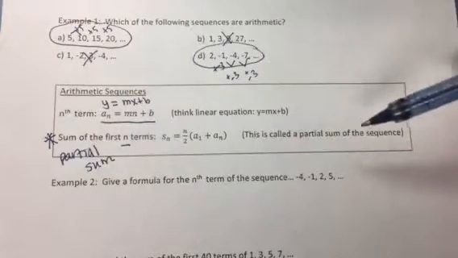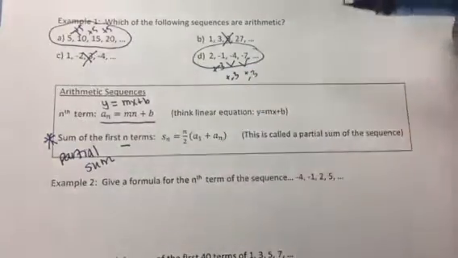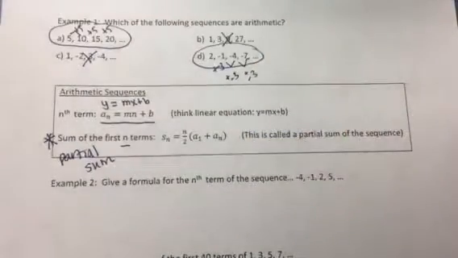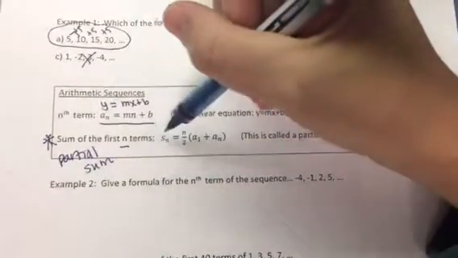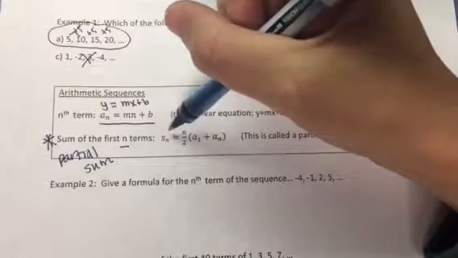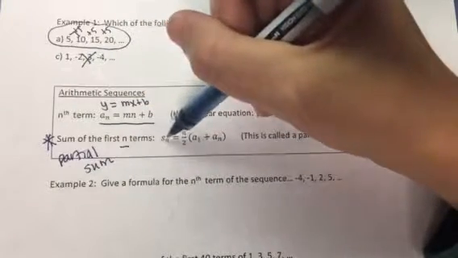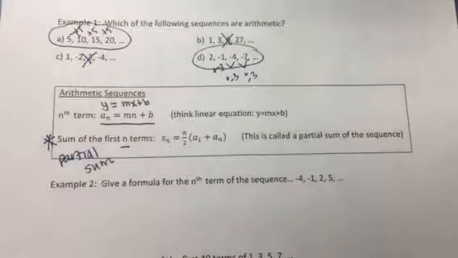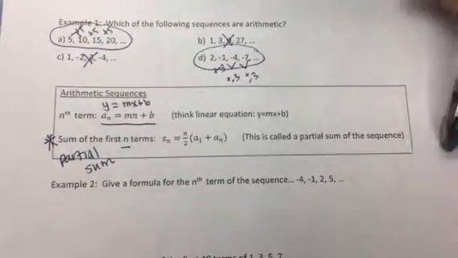The partial sum is defined as n divided by 2 times (a1 plus an). So the partial sum for the first n terms is n divided by 2 times (a1 plus an). All right, so let's go through and work these examples.